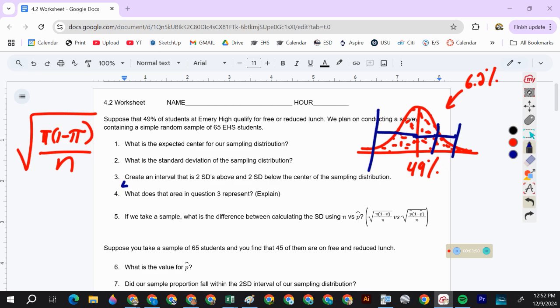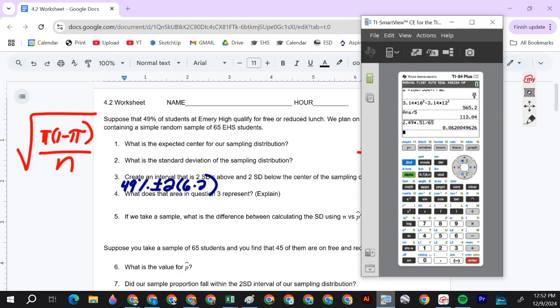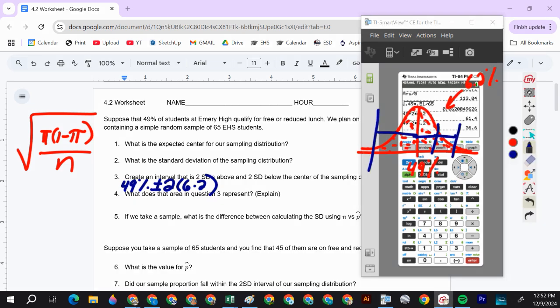So I'm going to do 49% plus 2 times 6.2, and I'm also going to do the minus version of that. 49 plus 2 times 6.2 and 49 minus 2 times 6.2. And I get this interval: 36.6% up to 61.4%.